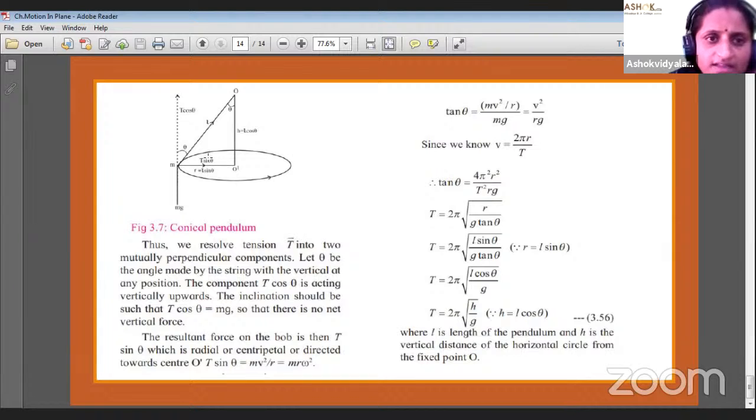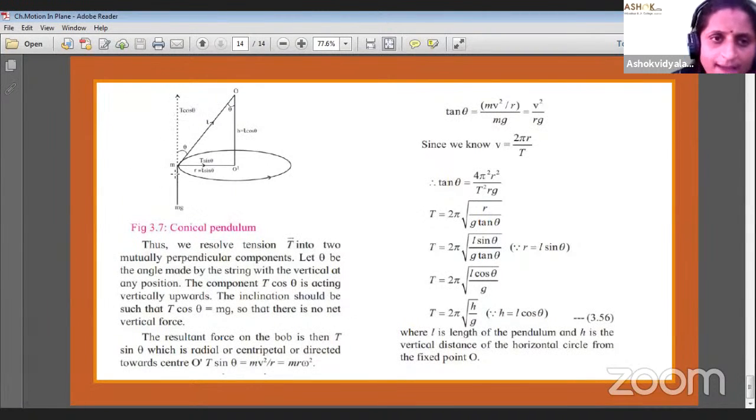See, here the tension T in the string can be resolved into two components, T sin theta and T cos theta, where the component T cos theta acts vertically upward. The inclination should be such that T cos theta is equal to mg, so that there is no net vertical force.